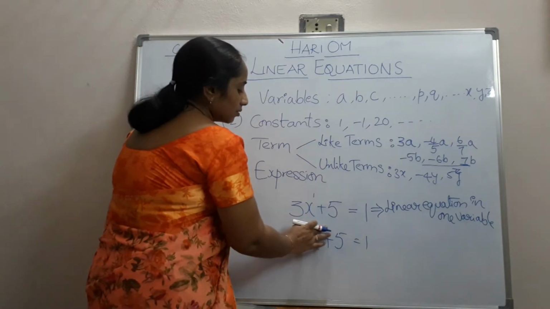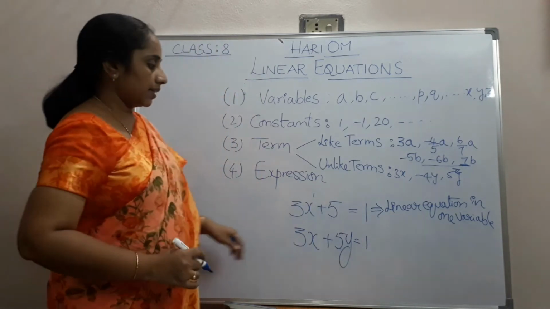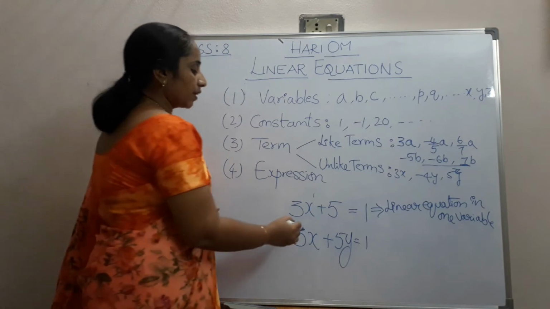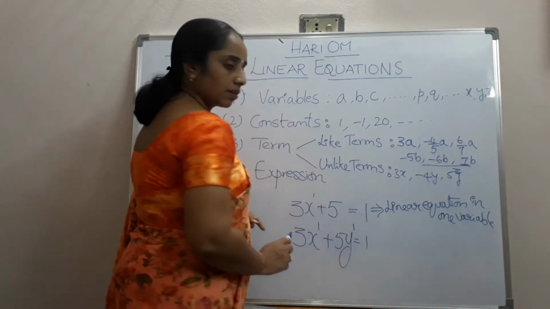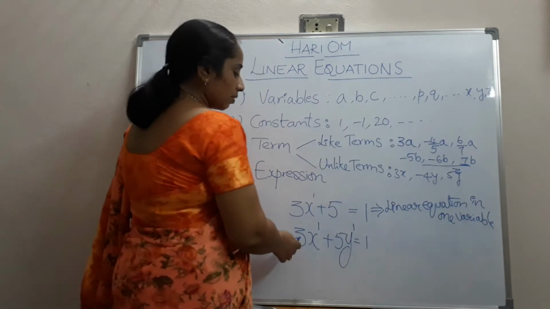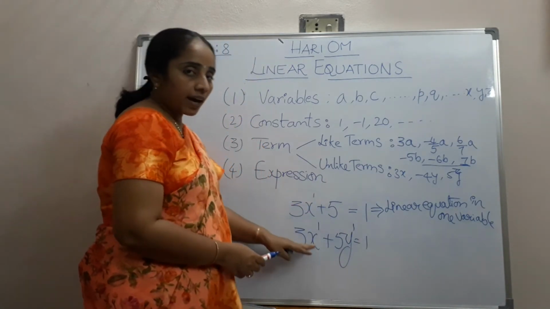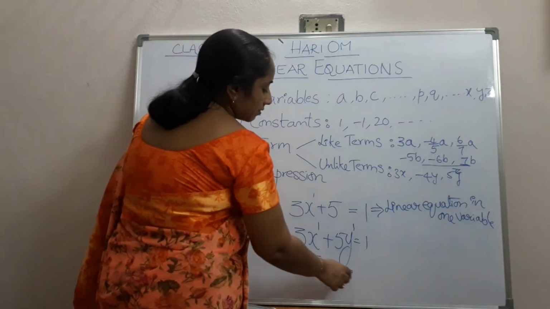If we have one more variable, here also its highest degree of x is 1. Here also the degree of y is 1. So it is a linear equation. Here we have how many variables? Two variables, x and y.